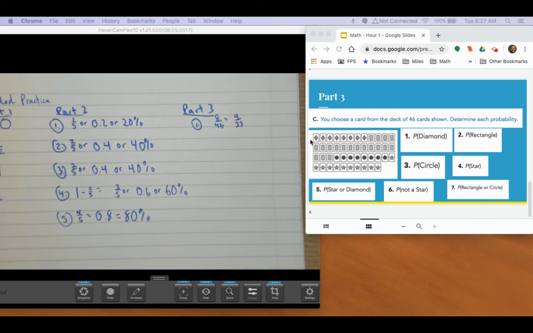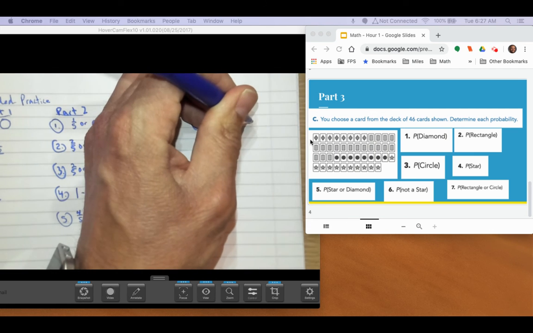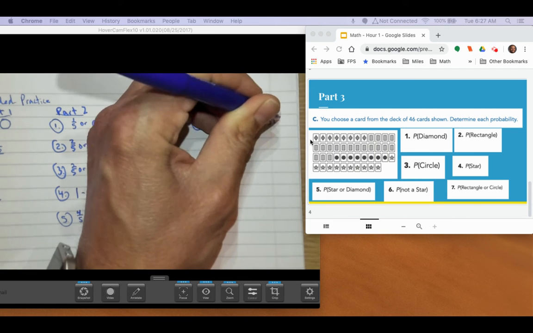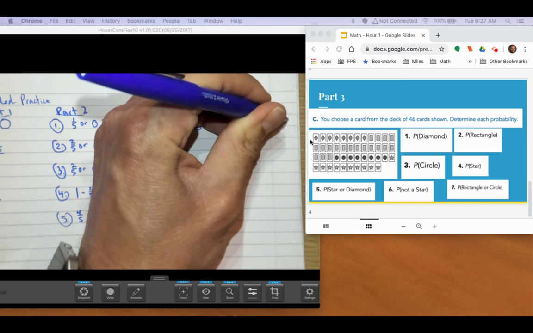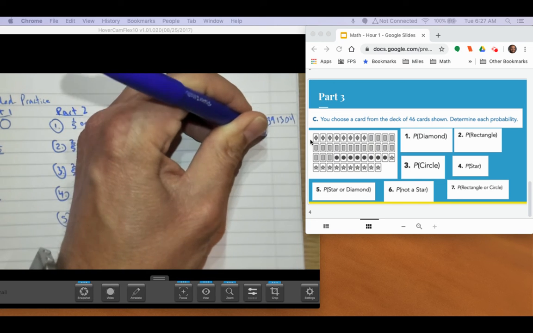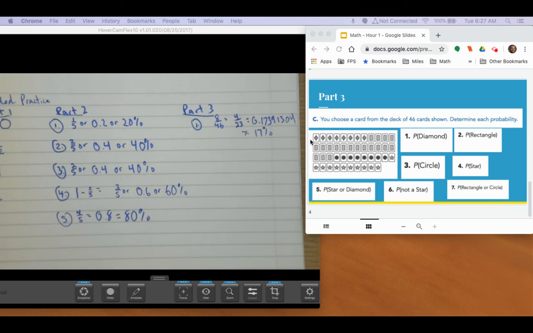I would get 8 out of 46, which is the same as 4 out of 23. I can turn it into a decimal by taking the numerator, dividing it by the denominator. And then I get a crazy long decimal, which is about 17%. Okay.